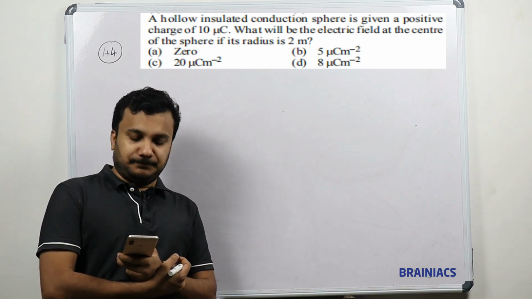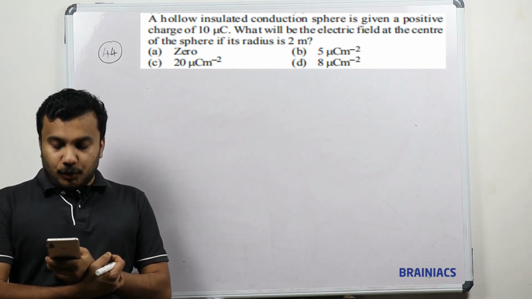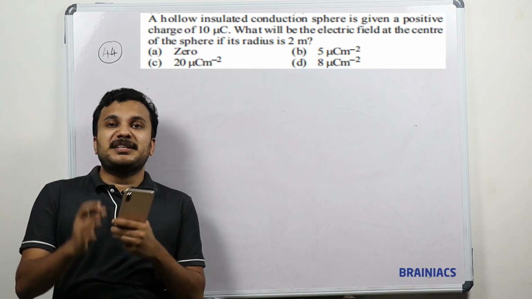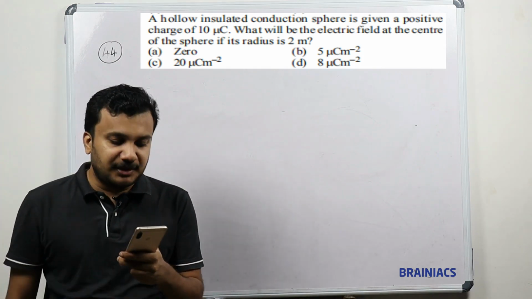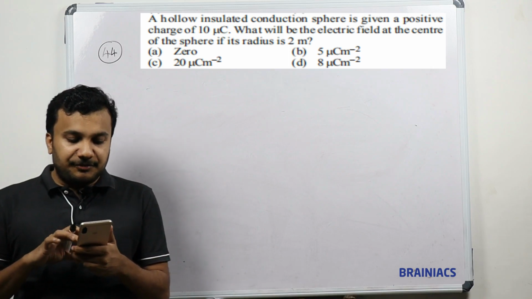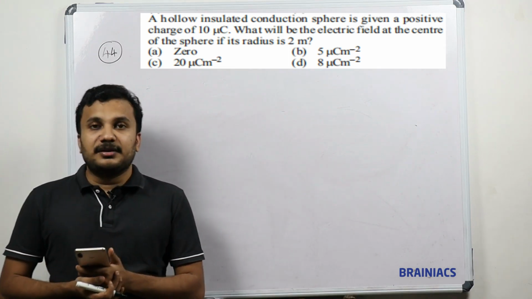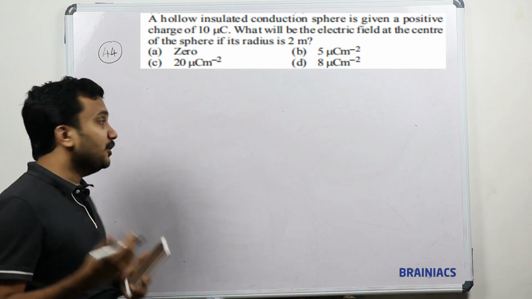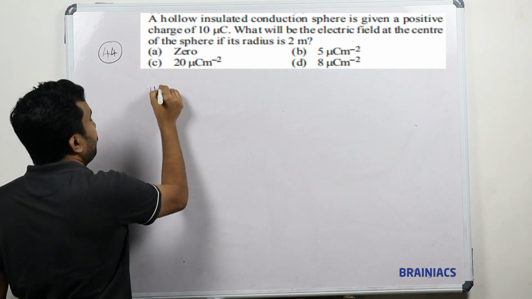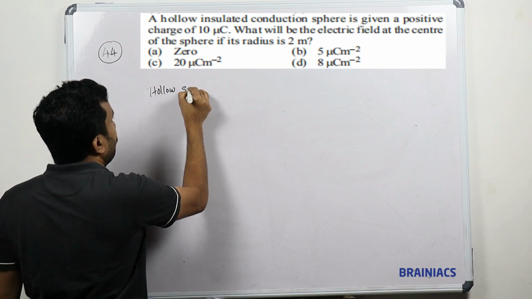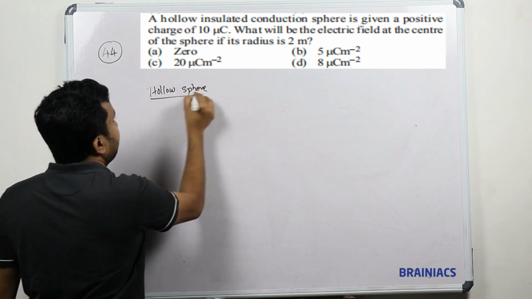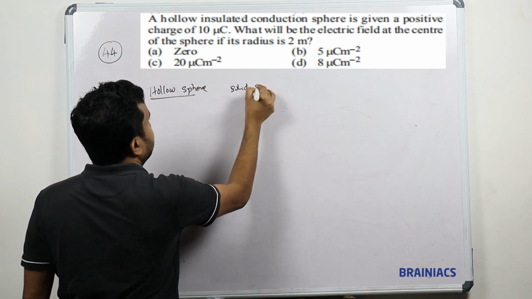Hollow sphere. Okay, hollow sphere means what? Hollow sphere means inside it is empty. If it is a hollow sphere and we have given 10 microcoulomb of charge to it. So we have learned two things, hope you remember this concept: we have learned about the hollow sphere and we have learned about the solid sphere.